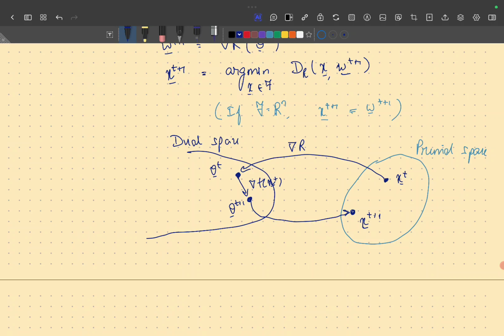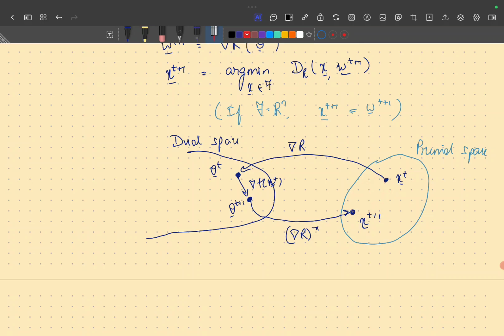All right. So depending on R, if I didn't have any, say, nice smoothness conditions on R, a small step over here in the dual space could potentially correspond to a huge step in the primal space.